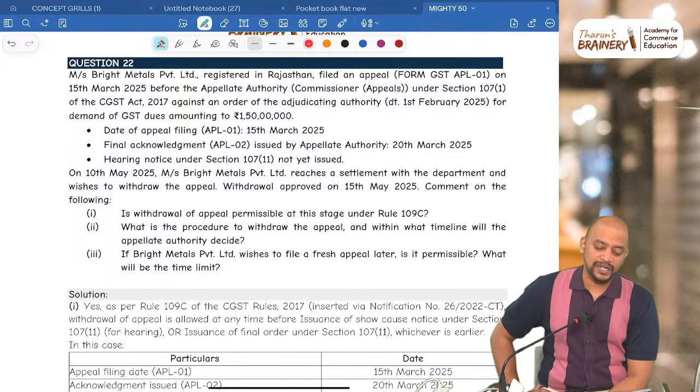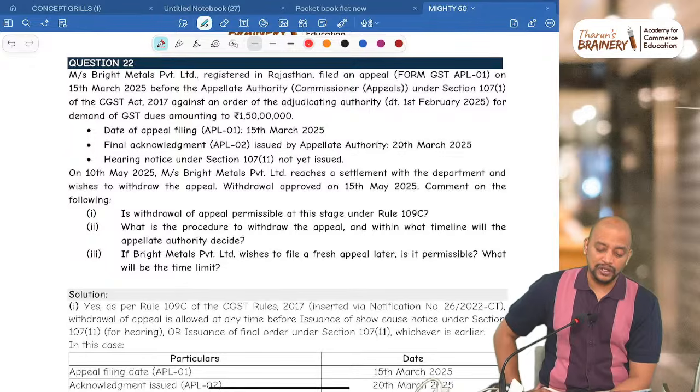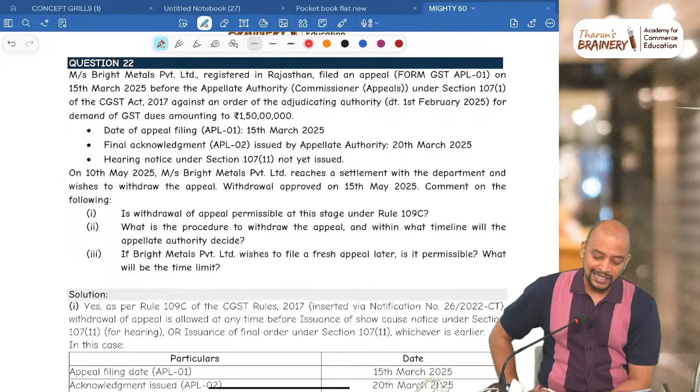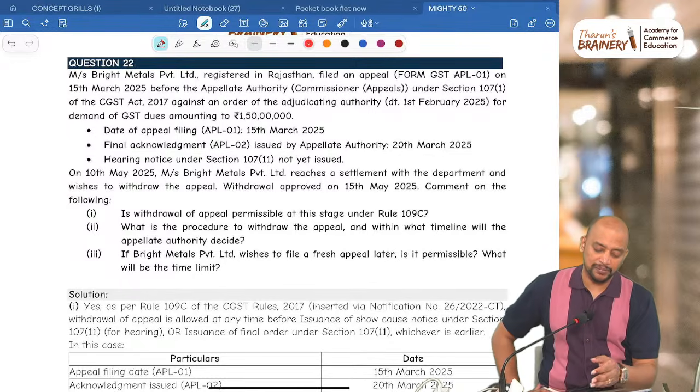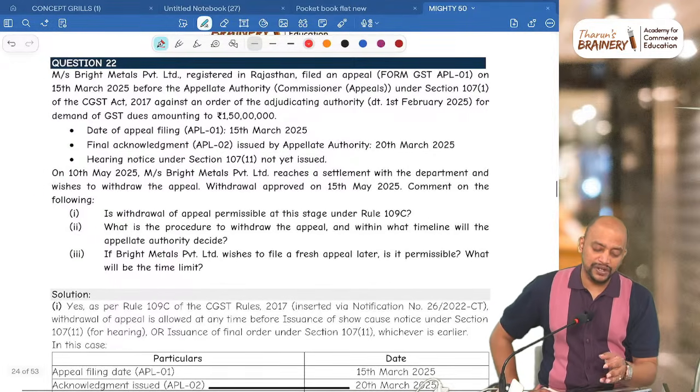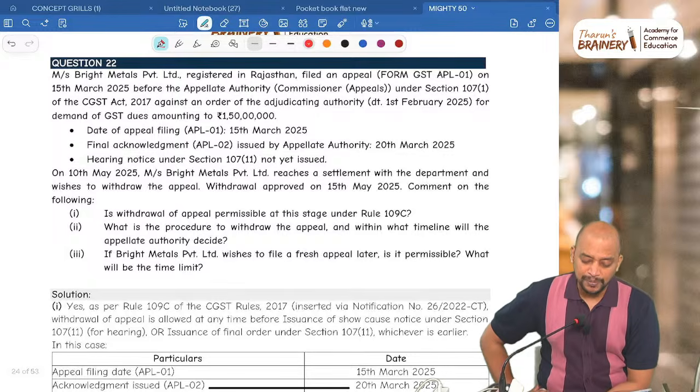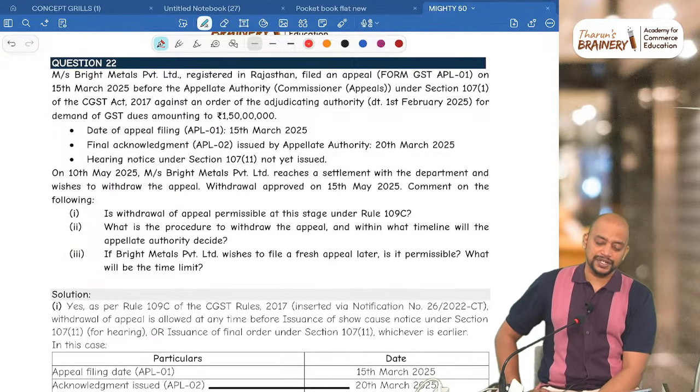Date of filing appeal 15th March. Final acknowledgement issued by the appellate authority 20th March. Hearing notice under section 107 not yet issued. On 10th May 2025, Messrs. Bright Metals Limited reaches a settlement with the department and wishes to withdraw the appeal. Withdrawal approved on 15th May 2025.